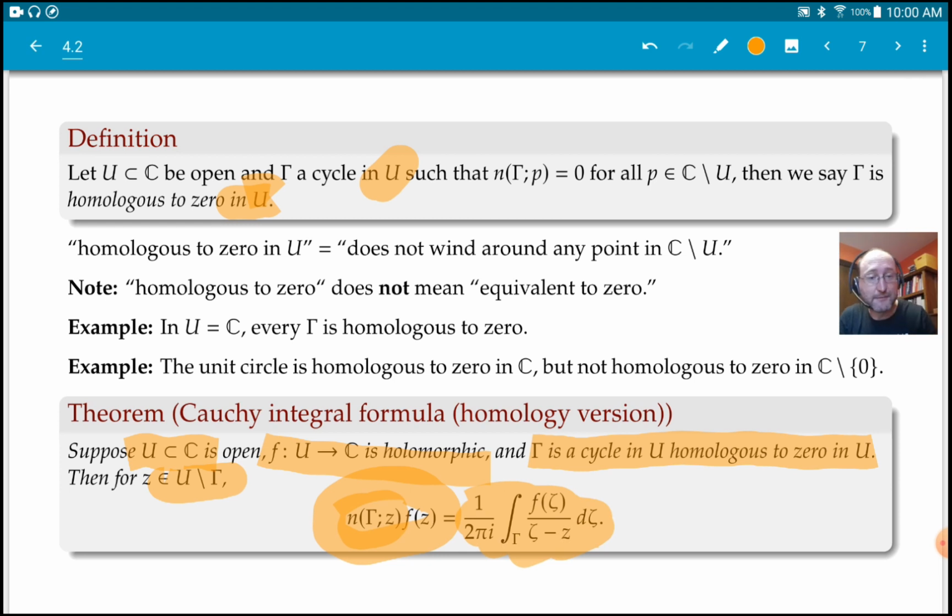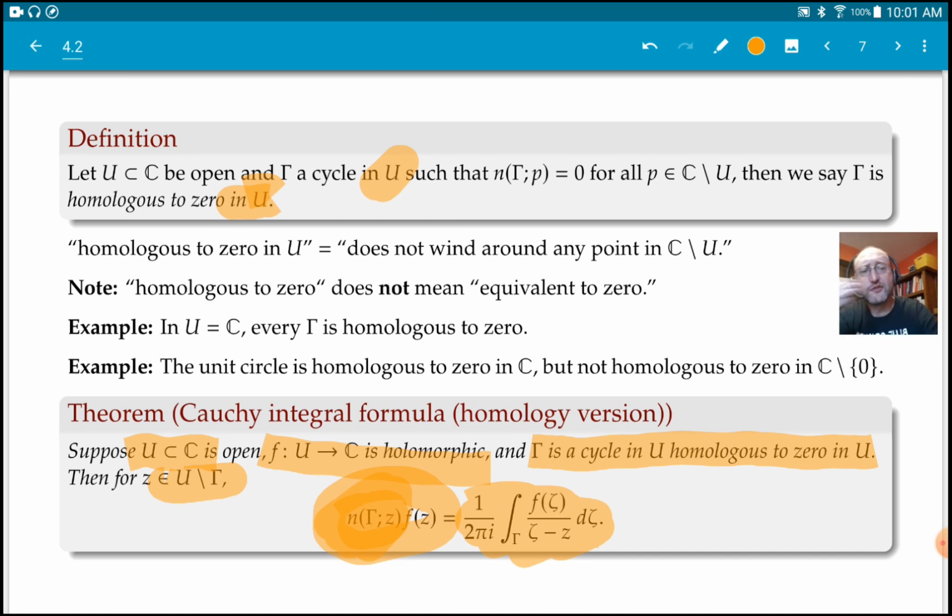The integral around gamma of f over zeta minus z looks precisely like the Cauchy formula for, let's say, the circle. But now it's for any gamma, as long as it's homologous to 0, and the one added complication is adding the number of times we wound around z.